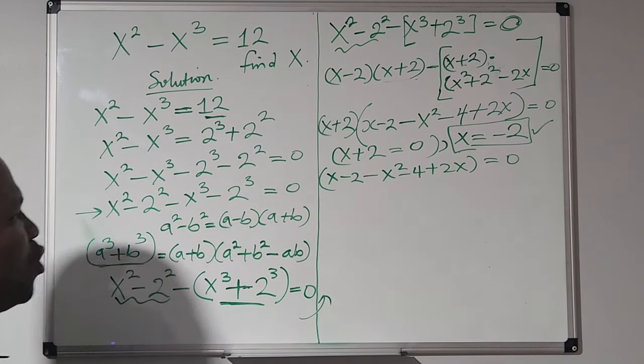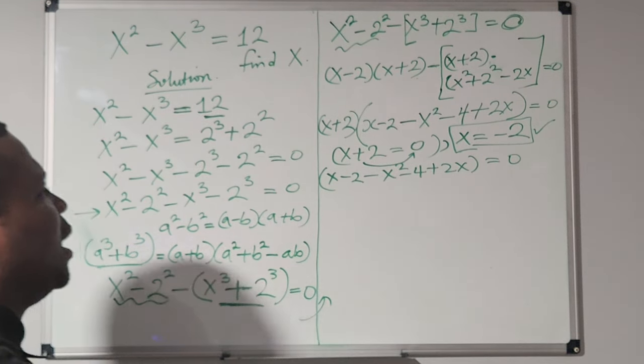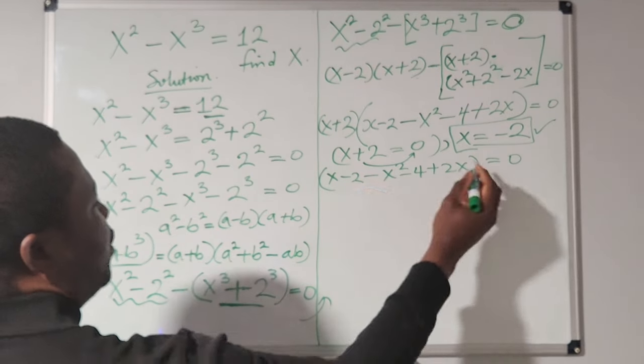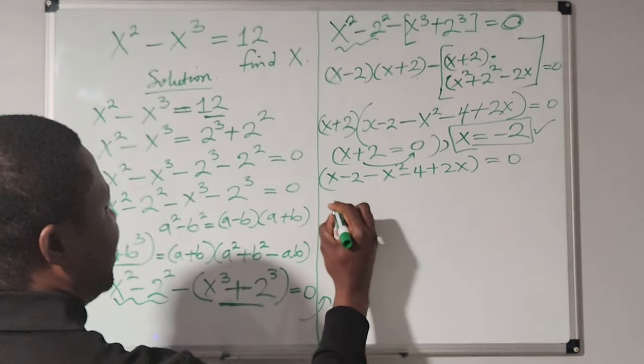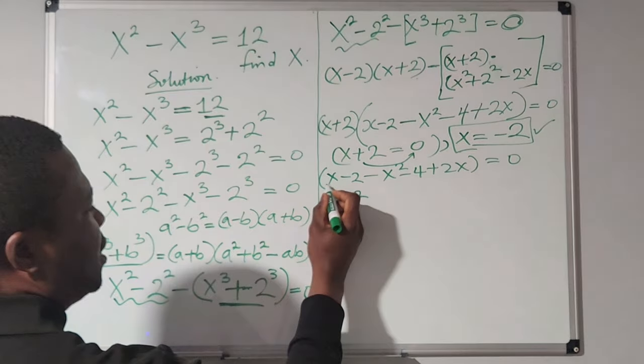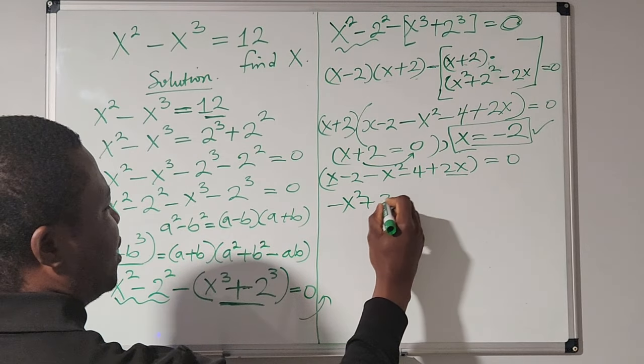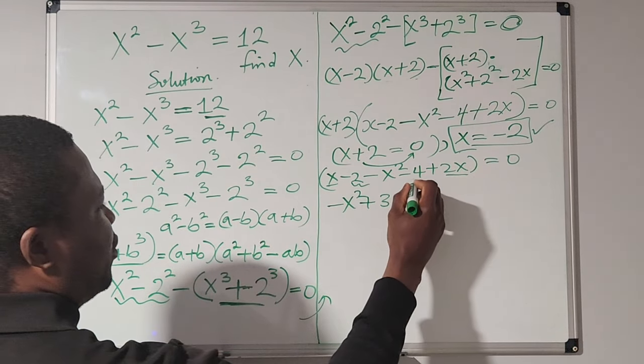Okay, that's one solution. The 2 moves over to this side and becomes negative. So let's try to rewrite this. So we have minus x squared. So let's go for the x's. 2 plus 1, that's plus 3x. And then let's go for these.